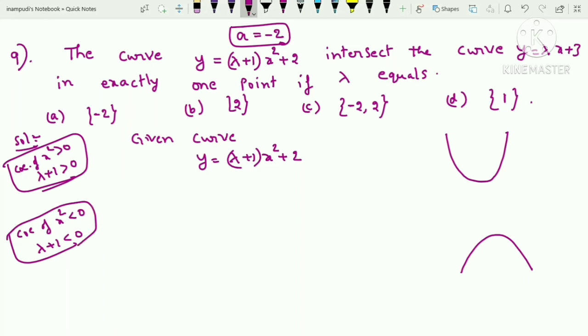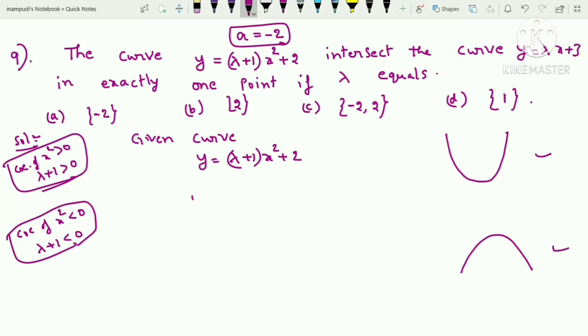This is also a parabolic shape, upward or downwards, in this way. But here it is given that it also intersects another curve in only one point.